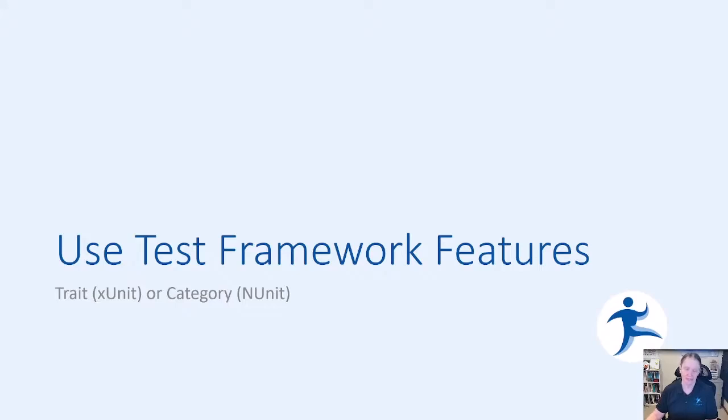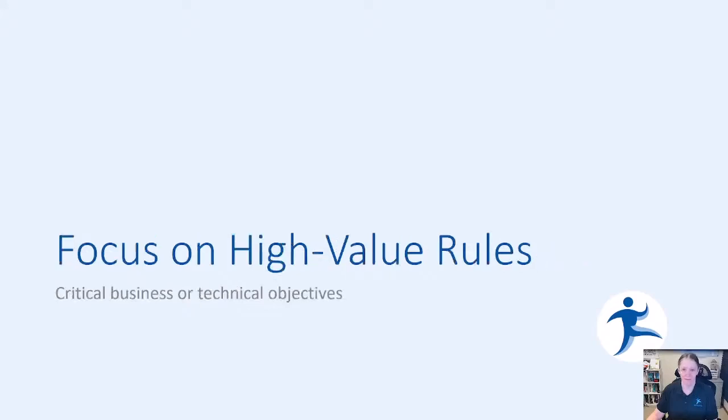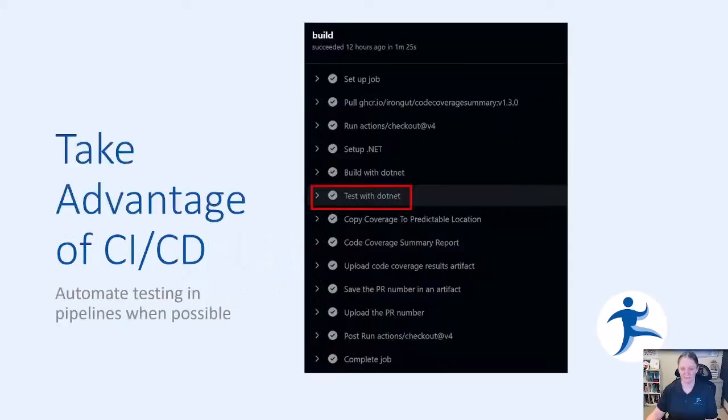So understand that just because you're using ArchUnitNet doesn't mean that the XUnit features go away. You just combine them. So make use of traits if you need to, make use of skip if you need to. But you want to focus on high-value rules that are critical to business objectives or even to technical objectives, depending on who you're dealing with and how they prioritize things.